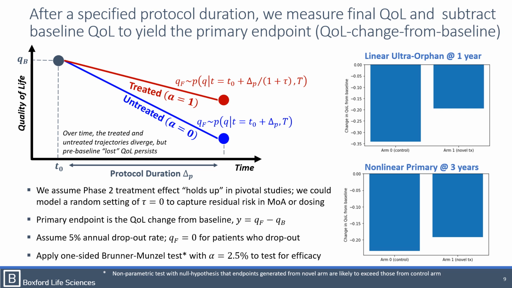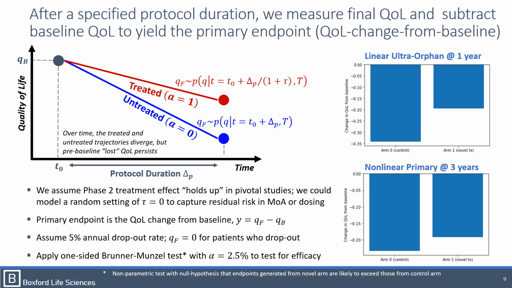And we do that based on the treatment effect that we generate for a patient if they're treated. What we're assuming here is that the phase 2 treatment effect holds up in the pivotal studies, but what we could do is introduce a random mechanism of action or dosing risk by randomly setting the treatment effect to 0 if we wanted to introduce more uncertainty into our late-stage outcomes.